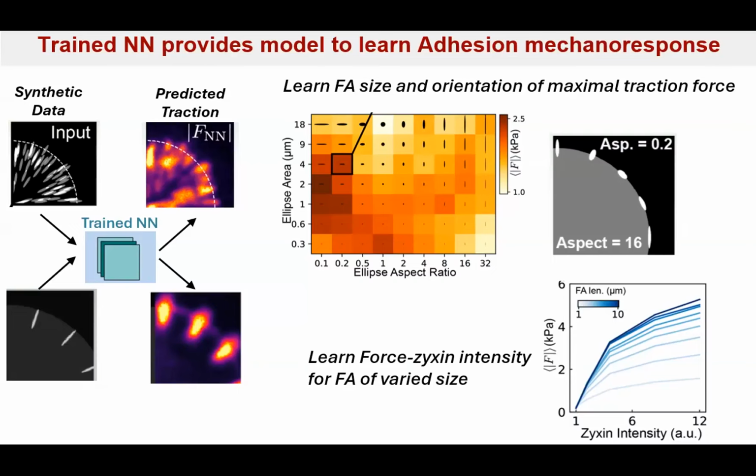What you can see is that when the synthetic focal adhesions are small, there is minimal force sensitivity, but it's not until the adhesions get longer that you see this increased force sensitivity. And again, this is something similar to what we had seen for force-dependent changes in zyxin accumulation experimentally, and it comes out in this simulation data, right?